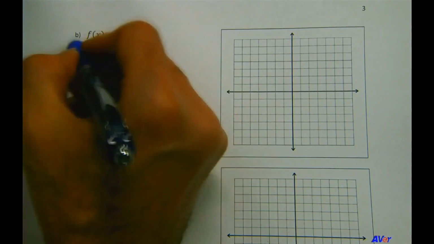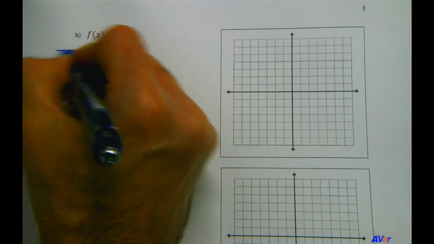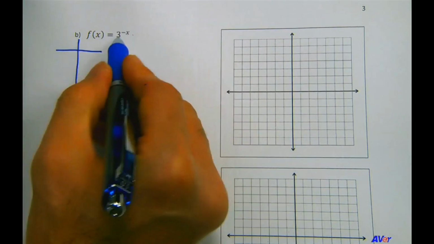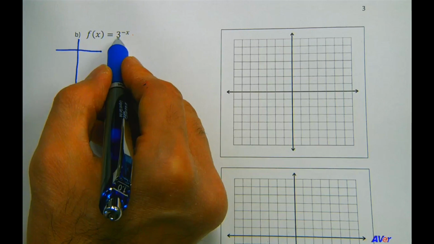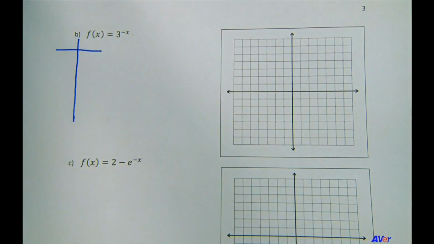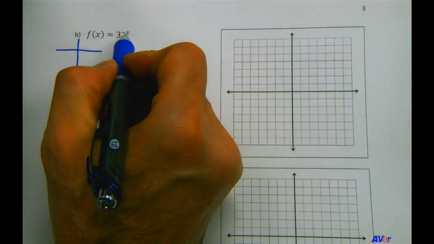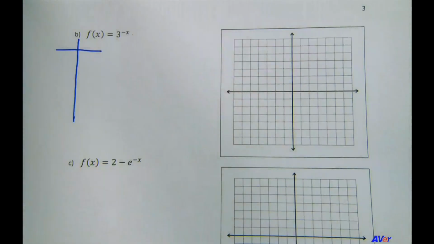The base of this exponential function is greater than 1, so we would expect this to be an increasing function, just like the one that we just did. But because of this minus in front, it's actually a declining exponential function.